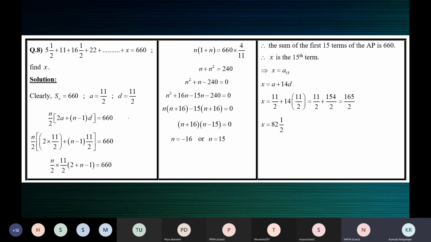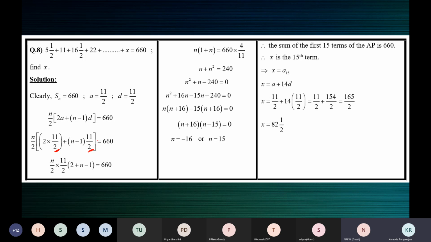See, what I have done is I've taken 11 by 2 common. We have 11 by 2 here. 2a is 2 into 11 by 2, and (n minus 1) into d is also 11 by 2. Whatever you've done should be right if you've got this equation; I'm just explaining what I have done.